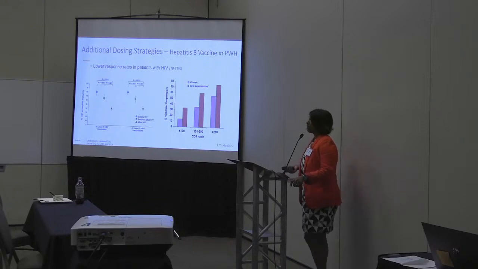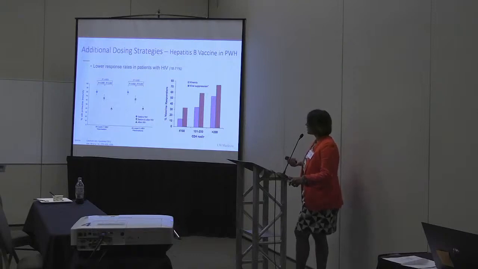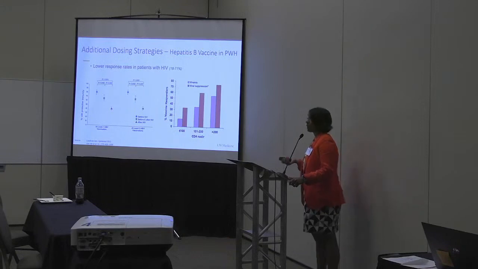There are also additional dosing strategies, and this has been used. One example is COVID vaccination, to do a 3-dose series for a primary vaccination rather than a 2-dose mRNA series. But this has also been done in the case of hepatitis B vaccine, where you can just give an extra 4th dose, which has led to more significant immune responses with Hep B seropositivity.